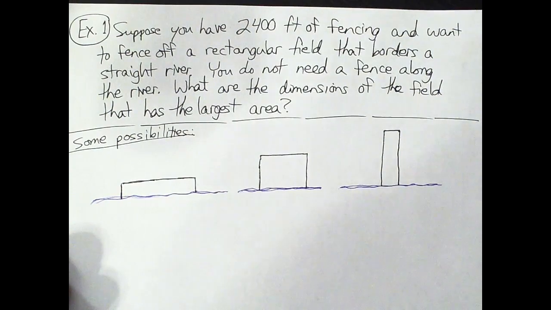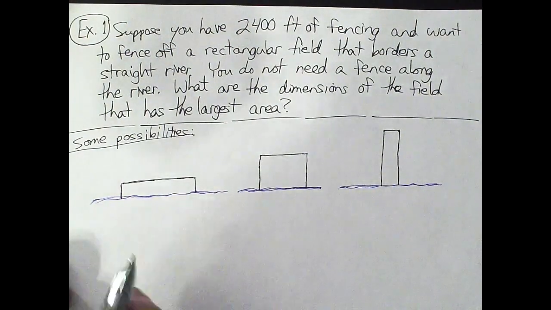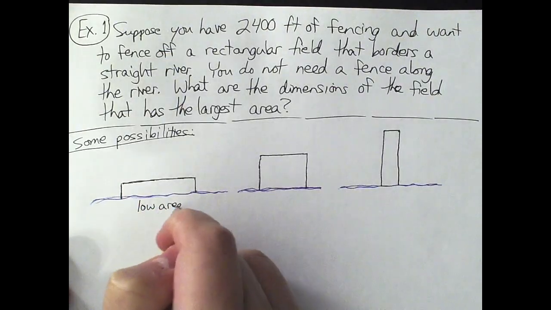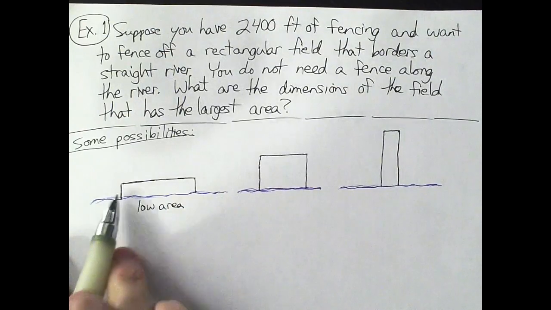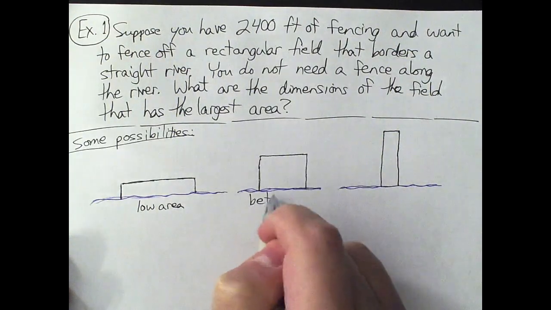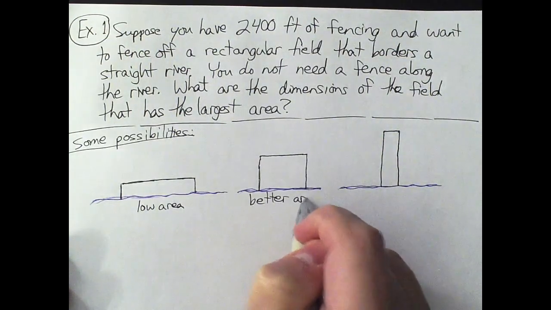And I think that what's going to happen is if we try to compute the areas of these rectangles, I think that this first one is going to have a relatively low area because one of the side lengths is going to be very small. I think that the one in the middle here is going to be a better area. We're trying to get the most area possible.